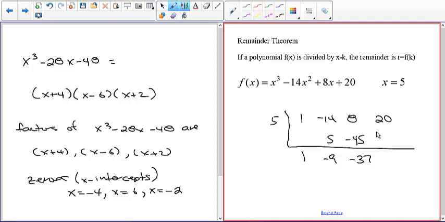Get my calculator out for that. 37 times 5, 185. So that's going to be negative 185 plus 20. So it's going to be negative 165. Obviously, that is not the 0.